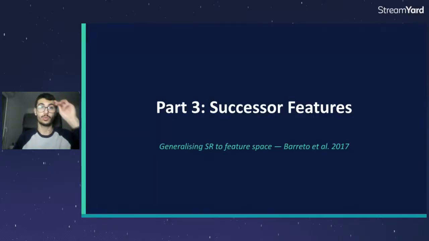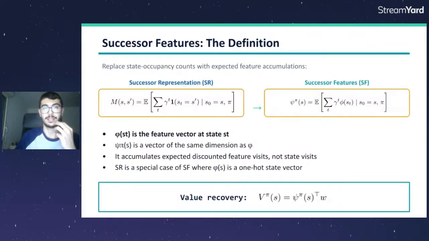On top of this, we build what we call successor features. This is one step on top of this. In successor representations, the question that we are trying to ask is, how often are we going to encounter state S prime? But in successor features, the goal is to predict the states that we are going to encounter.